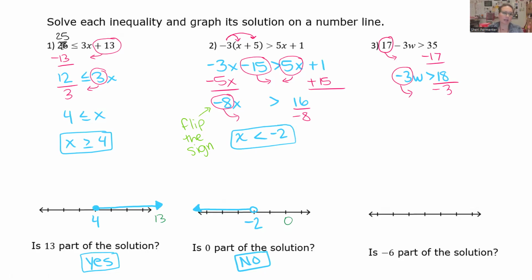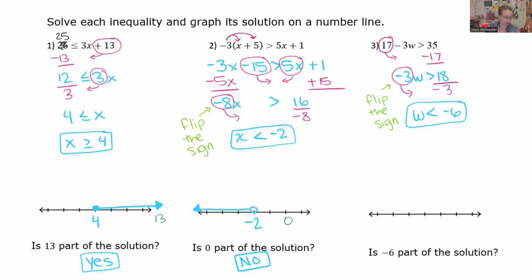Since I'm dividing by -3, this is another case where that is negative. So you've got to flip the sign. So I'm going to have W and I flip the sign. What's 18 divided by -3? -6. Is the variable on the left? Leave it and we are ready to graph.